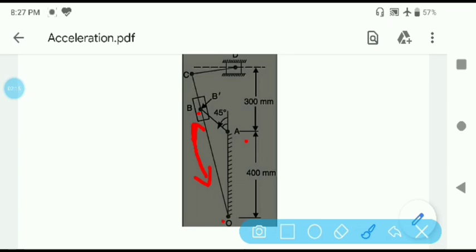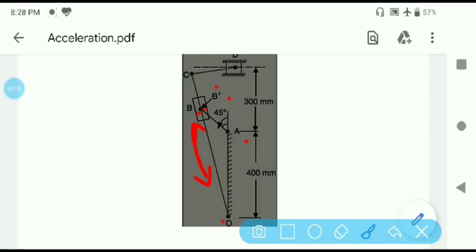So to make things easier for us, we will assume that coincident to point B, there is another point B prime, and we assume that B is attached to the link AB and B prime is attached to the link OC.